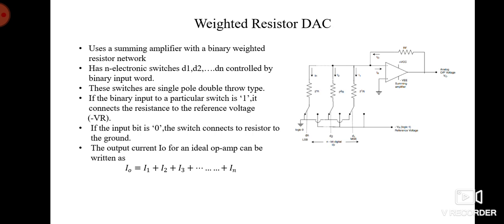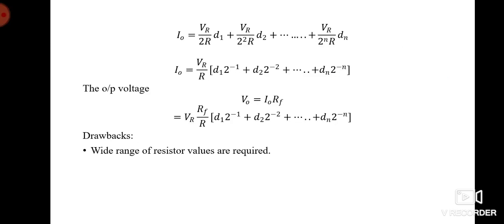The output current I0 for an ideal op amp can be written as I0 = I1 + I2 + I3 + ... + IN. We know that I1 = VR by 2R. Substituting the values of I1, I2 up to IN and simplifying, we get I0 = VR by R into (D1 2^-1 + D2 2^-2 + ... + Dn 2^-n), and the output voltage is V0 = I0 into Rf.